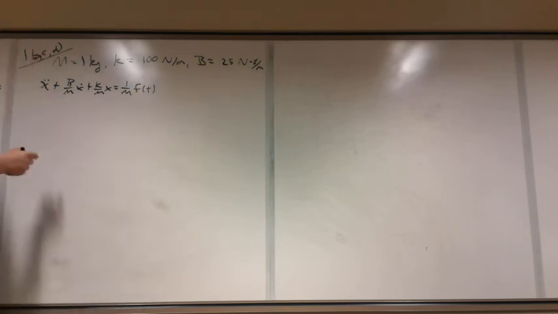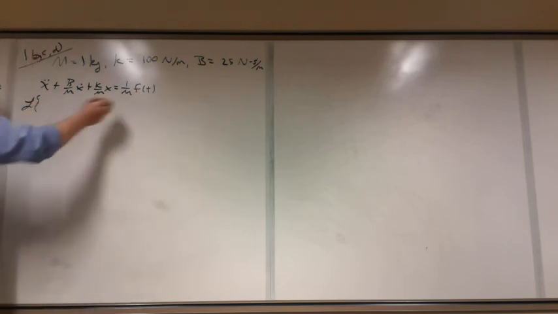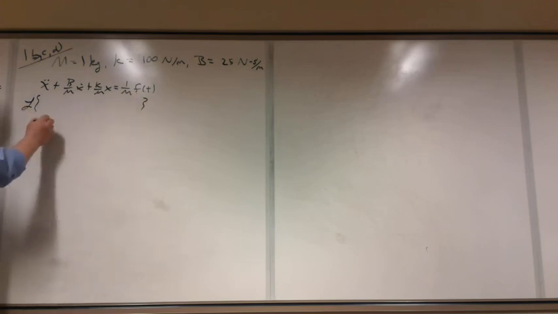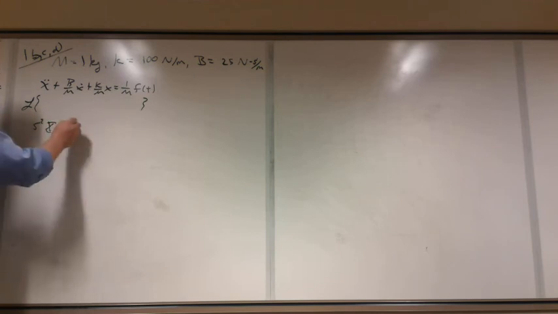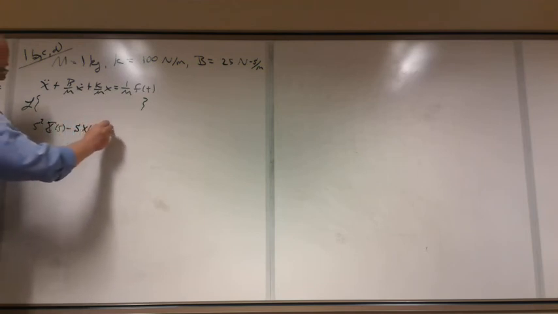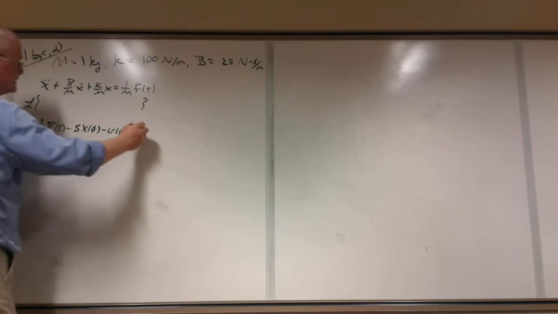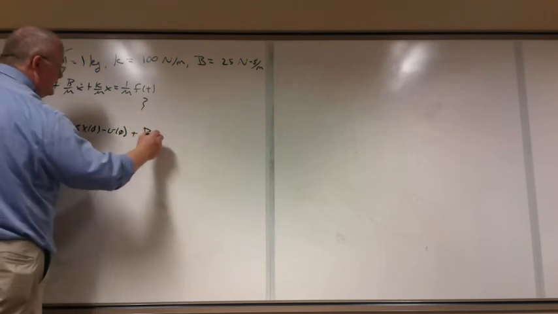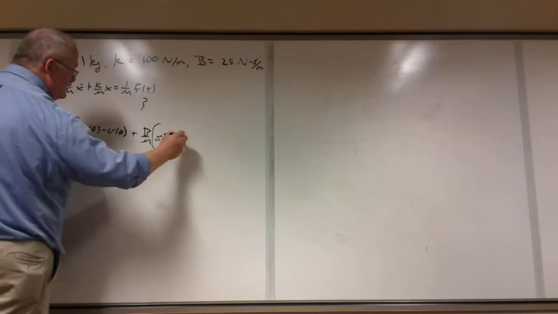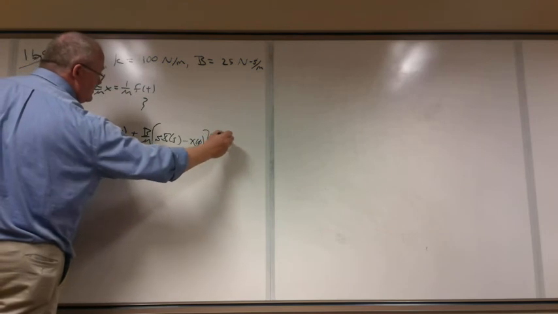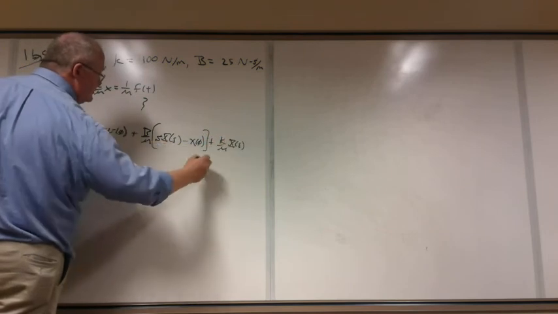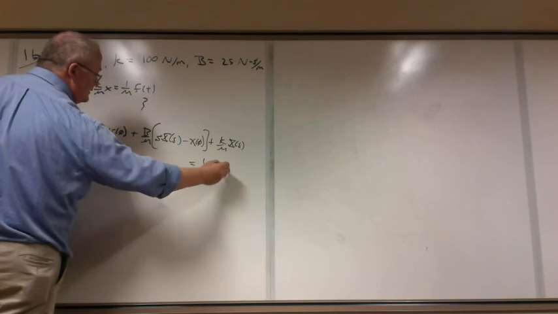If we take Laplace of both sides to get the transfer function, what do we have? s squared x of s minus s x of 0 minus v of 0 plus b over m times s x of s minus x of 0 plus k over m x of s is equal to 1 over m f of s.